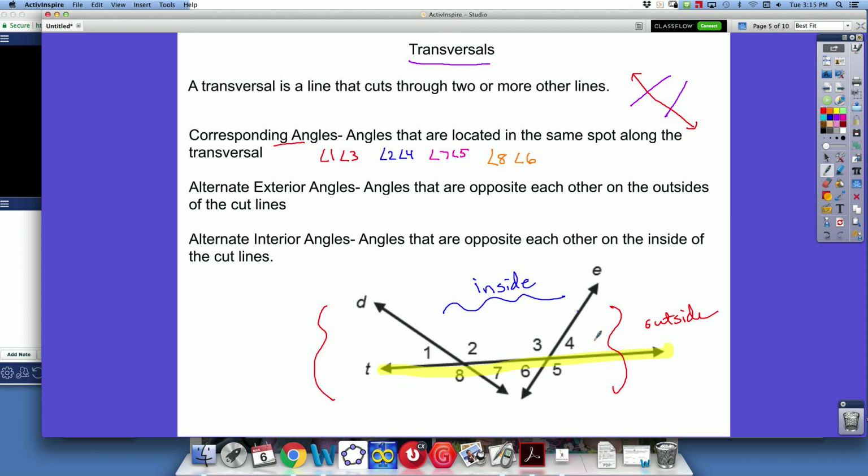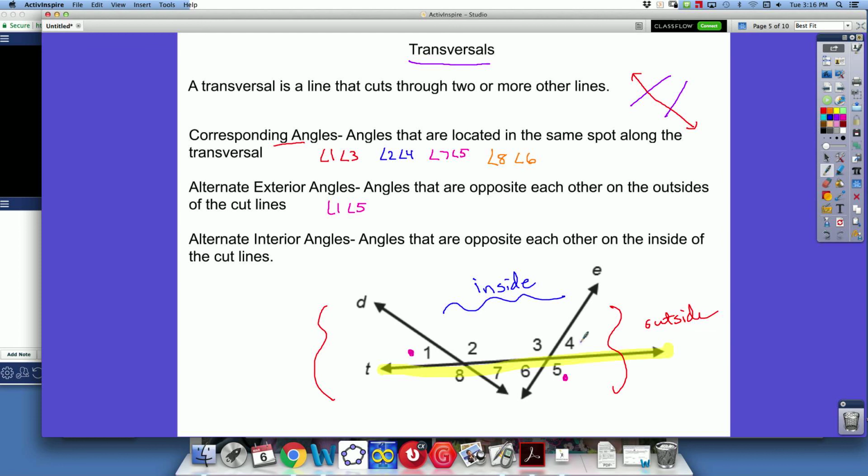So if we're talking alternate exterior angles, those are going to be angles on opposite sides of the transversal on the outside. So for example, angle 1 is on the outside, and then the alternate exterior angle here would be angle 5. So angle 1 and angle 5, because they're opposite each other on the outside of the transversal.